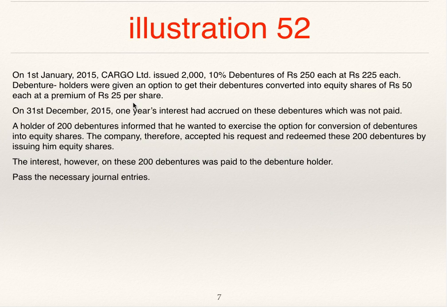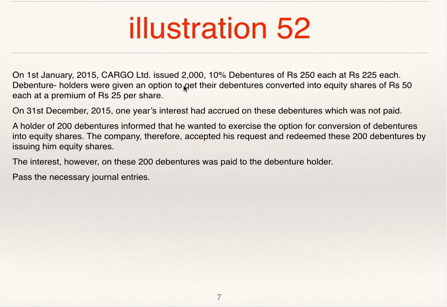Now we'll go to the next illustration, illustration 52. On 1st Jan 2015, Cargo Limited issued 2000 10% debentures of 250 each at 225 each. 250 face value. They are issuing it at 225. Issue at lesser than face value. Issue at discount.